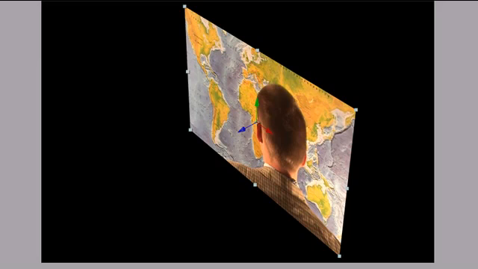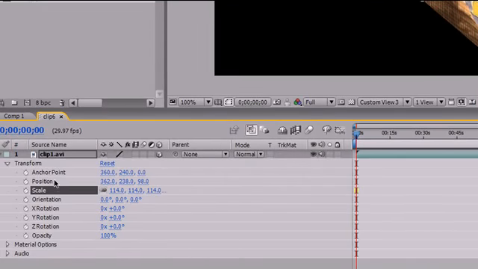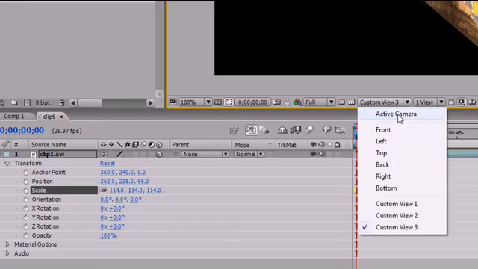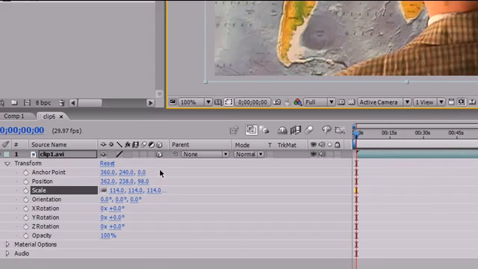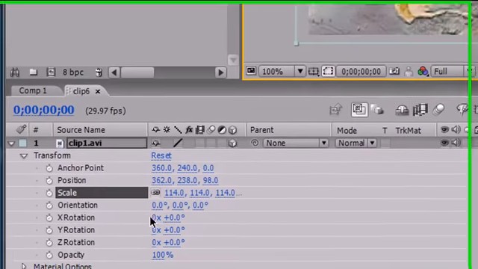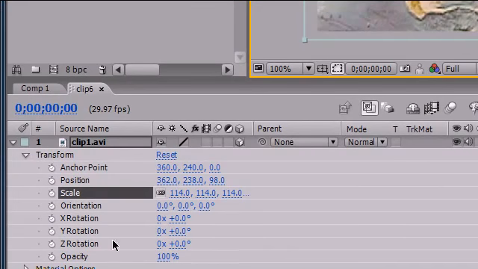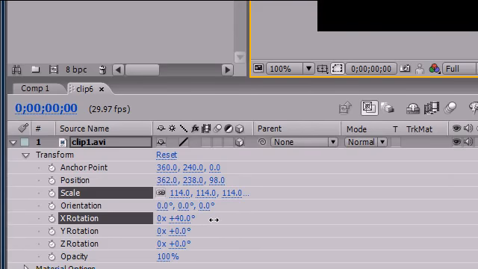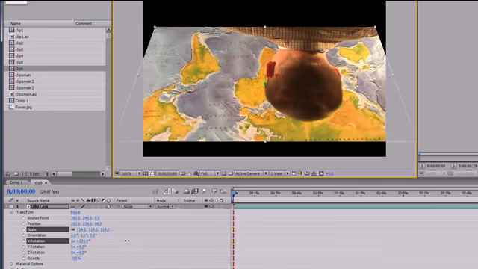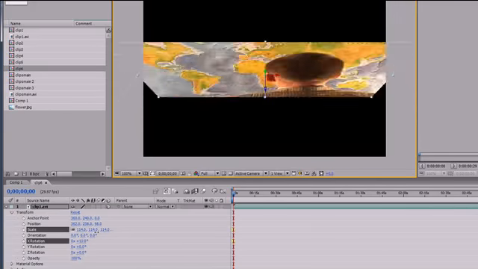So another thing that I want to talk to you guys about, aside from position and scale, is also rotation. So let's go ahead and change the active camera, or you can change it to the front, it doesn't matter. And aside from X and Y rotation, you also have a Z rotation. Now what X rotation is, when you scrub this value, it's going to change it so it rotates over the X axis.